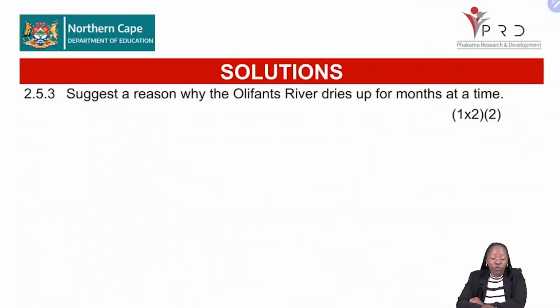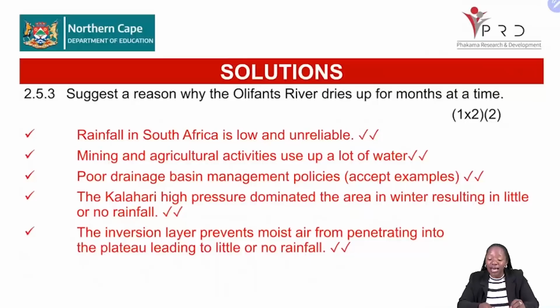Then your 2.5.3, you suggest a reason why the Olifants River dries up for months at a time. So the rainfall in South Africa is low and it's unreliable, especially in other provinces. There are those that receive seasonal rainfall, and there are those that receive rain throughout the year.